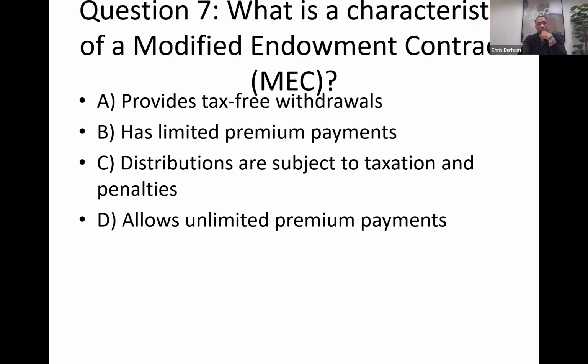Taxes on a universal life policy when the money comes out are not taxable because it's considered a loan. But at the level of MEC, it's not a loan anymore. You put too much money in and you get penalties for it. So MEC, taxes.